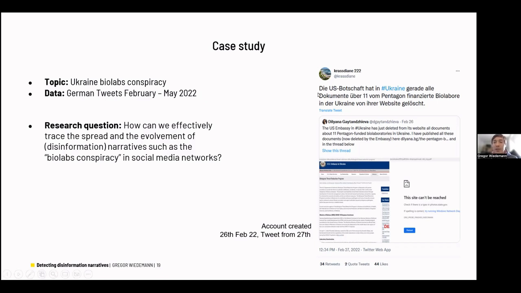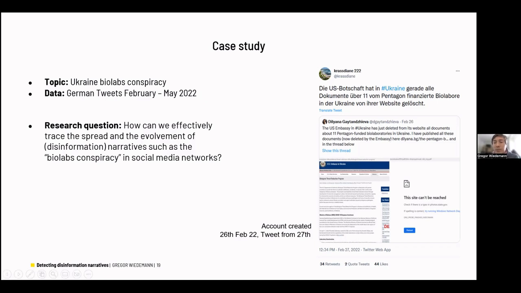This alleged deleting of websites became one of the first incidents of making this narrative popular in social networks. We see this account was actually created on September 26th, and the tweet is from September 27th, so one day later. And this is one of the first accounts which actually proliferates this whole narrative.